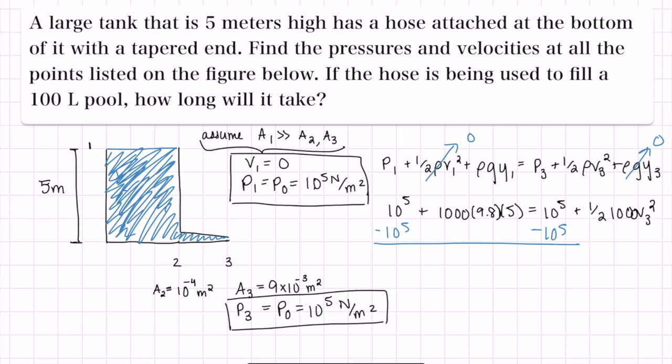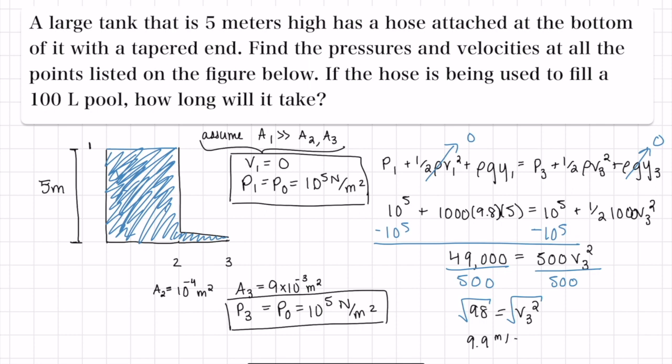And I'll go ahead and evaluate 1,000 times 9.8 times 5. So that'll be 49,000 equals 500 V3 squared. We'll divide both sides by 500, and that gives me 98 is V3 squared. So we'll take the square root of both sides, and that gives me V3 is 9.9 meters per second.